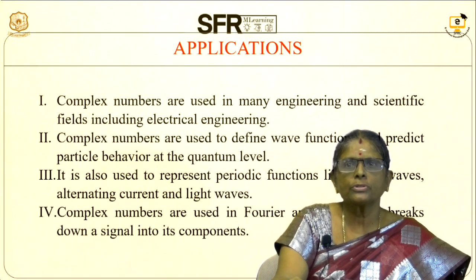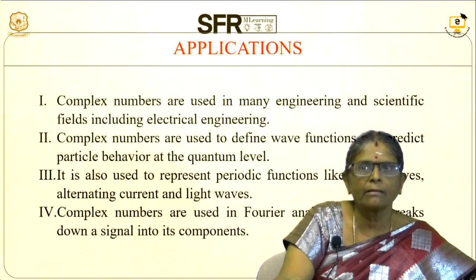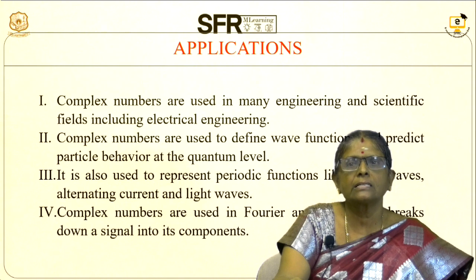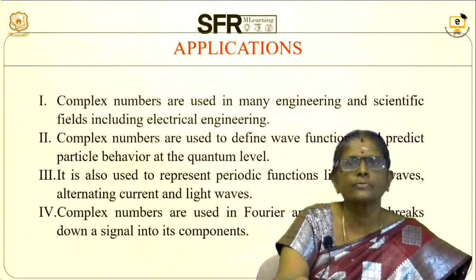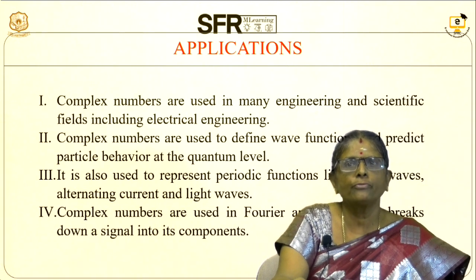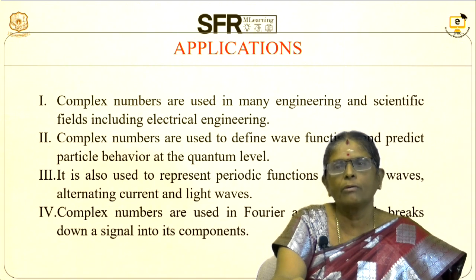It's also used to define wave functions and predict particles' behavior at the quantum level. Also, it is used to represent periodic functions like waves, alternating current and light waves. It's also used in Fourier analysis to break down a signal into its components.